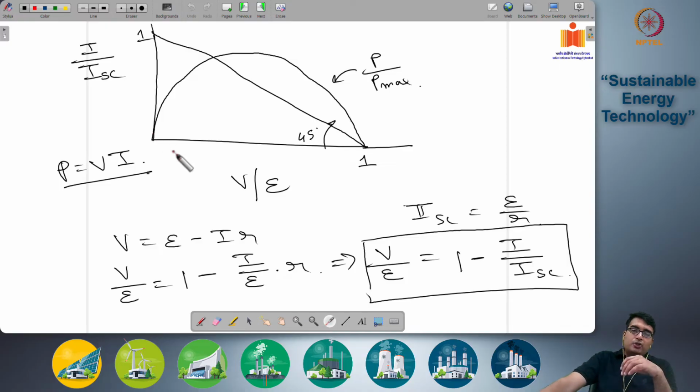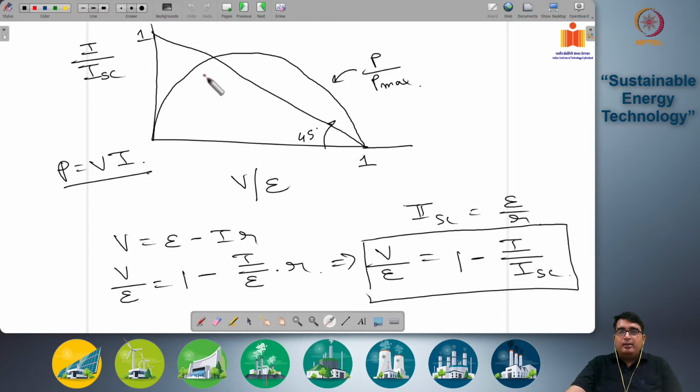Now, we can also show that if we plot the power by the maximum power in the same plot, then it becomes a parabola, okay. So, the power curve is a parabola, because remember power is voltage into current, okay. So, you can basically multiply these two values together and plot the value of power at a certain point, okay.